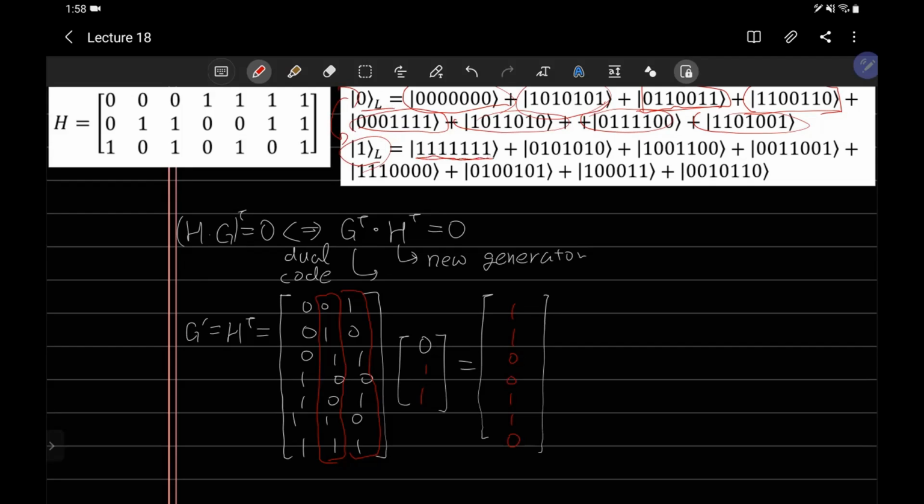Adding 1 1 1 1 1 1 1 to each of the terms actually corresponds to flipping each of the values. So as you can see here, the corresponding term always has the flipped value like this one. So based on this, I hope that you can understand what kind of relation the logical 0 value and the logical 1 value have in terms of the CSS code.